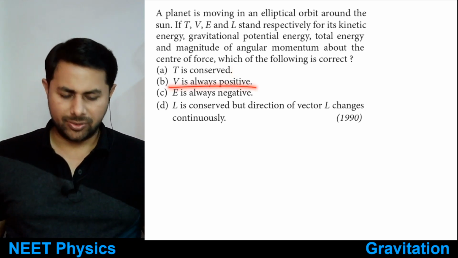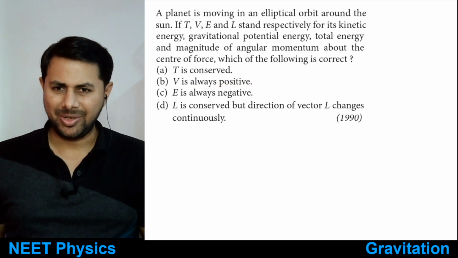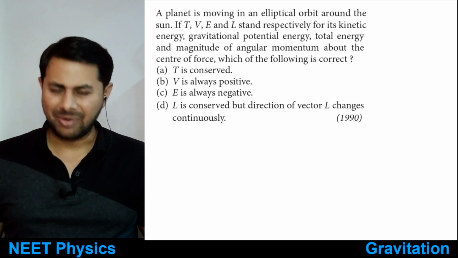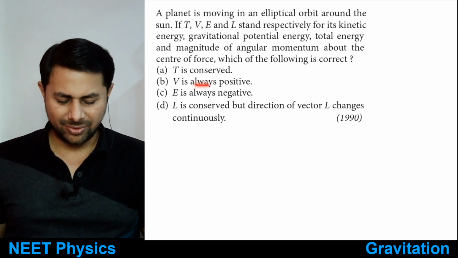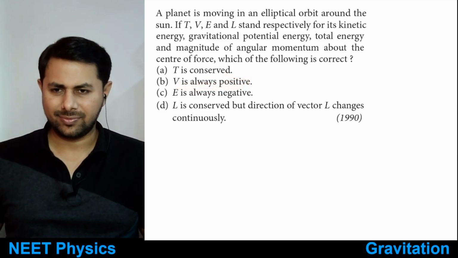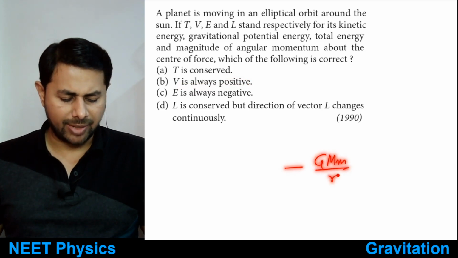V is always positive. Right now we haven't studied gravitational potential energy, but let me tell you that gravitational potential energy would be negative, not positive. The formula for that would be minus GMm divided by r.